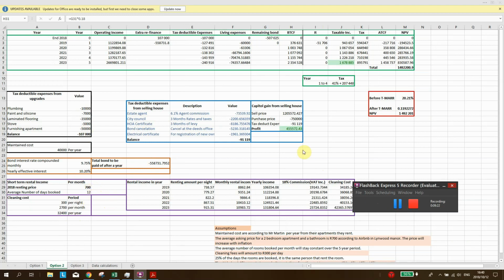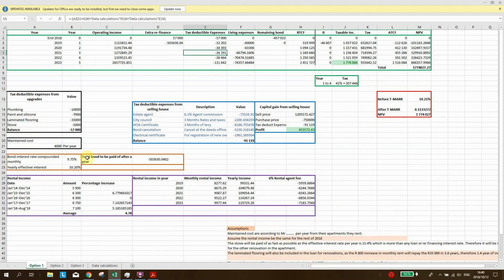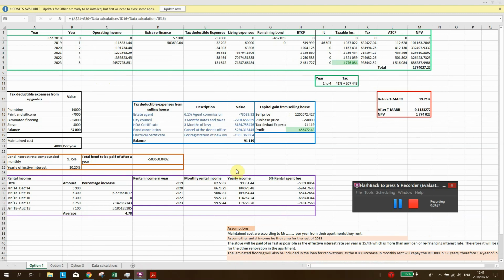Okay, in conclusion, I would recommend option 1, as at the end the growth of property is more stable than the growth of a trust unit.